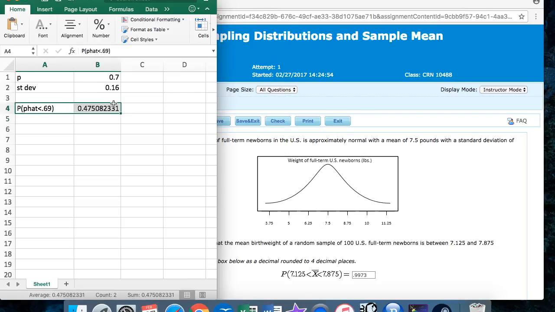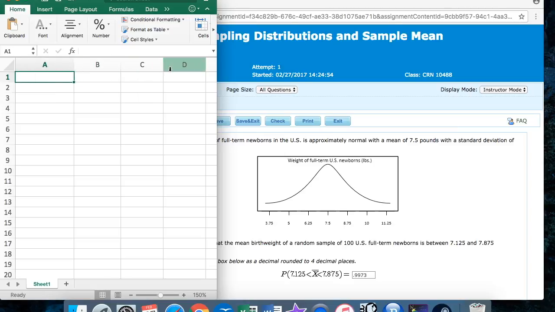But if you want a little more consistency, you don't have to worry about standardizing. That's an extra step that's nice, but you don't have to have it. In our lectures, I might show both ways, but I might just show the norm.dist way, not standardizing into a z-score, unless it asks for it.